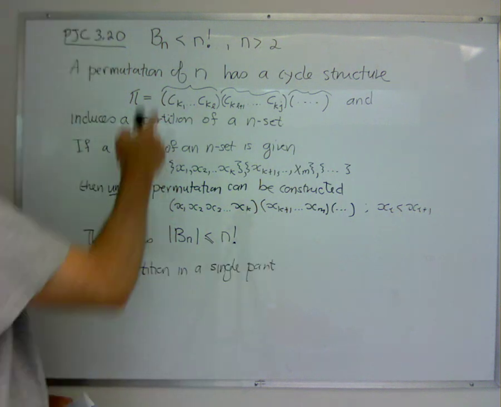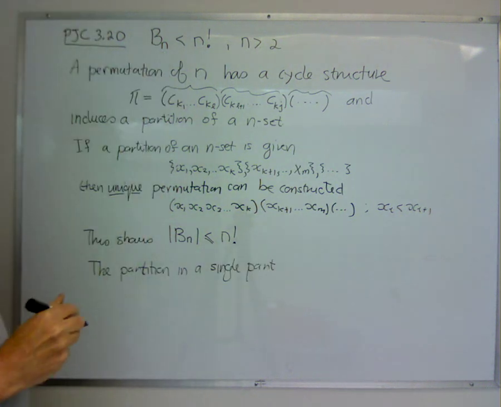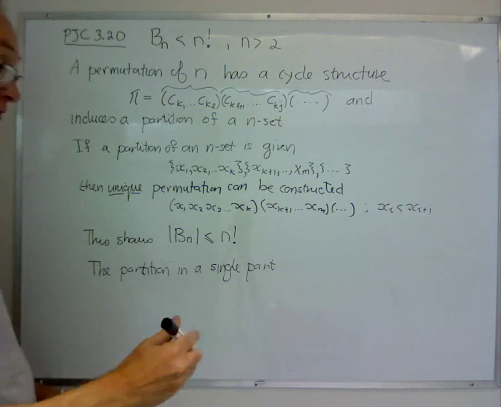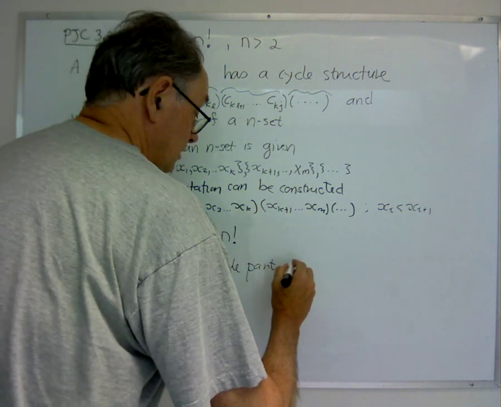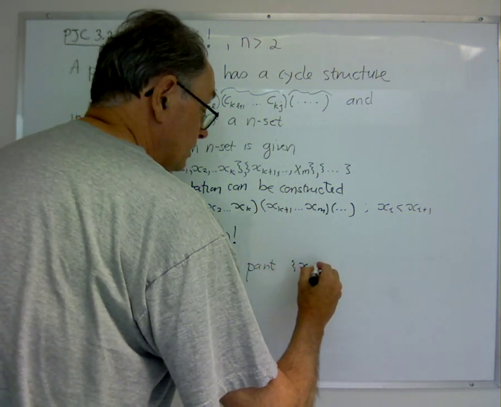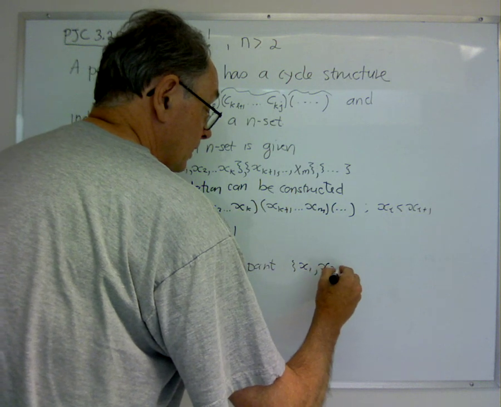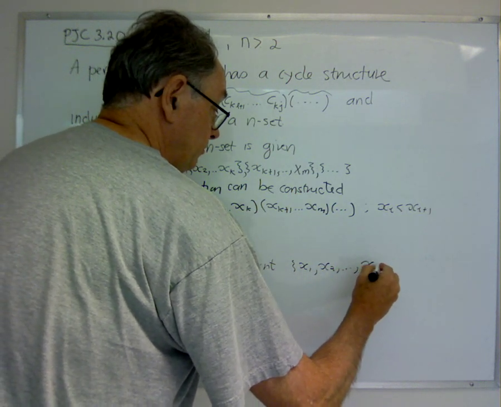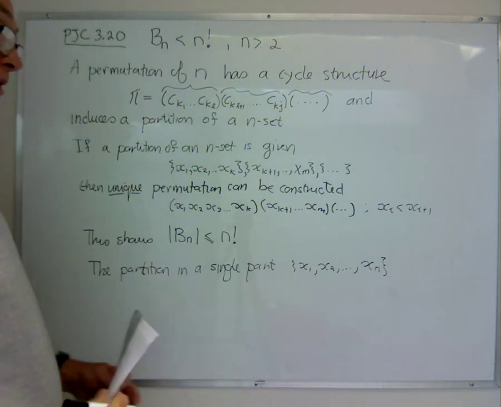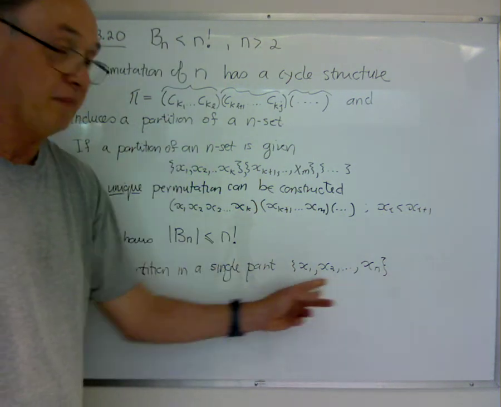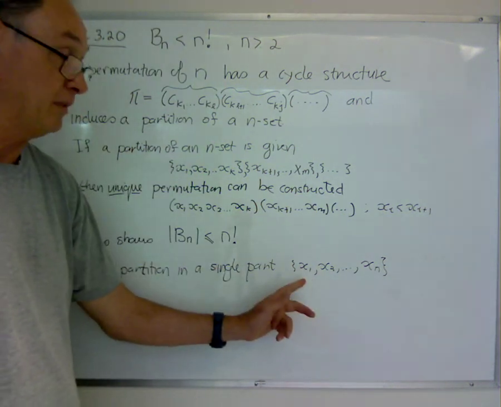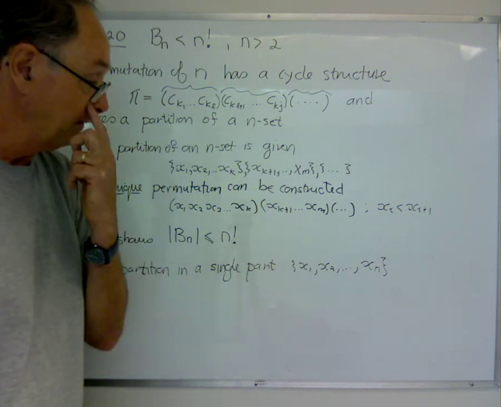So this is when you take your n set and you just have one part of it. So this is the one part, right? So this is a partitioning of an n set. It's the partition with only one part.